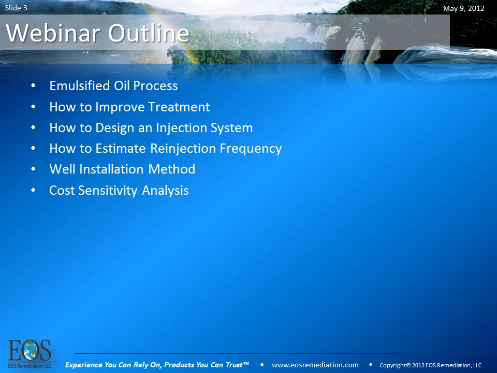Those will give you a much more detailed overview of the emulsified oil process than I'll go through today. Again, the focus is going to be this ESTCP funded design tool that is freely available to everyone out there. You can go on the ESTCP website, or it's available on the EOS website as well.